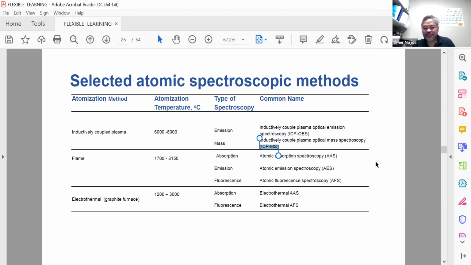If it's emission, it is AES. And if it's fluorescence, it's AFS. Now for the graphite furnace, the term for absorption is electrothermal AAS. If it's fluorescence, it's electrothermal AFS. So we're talking about atomization methods here.